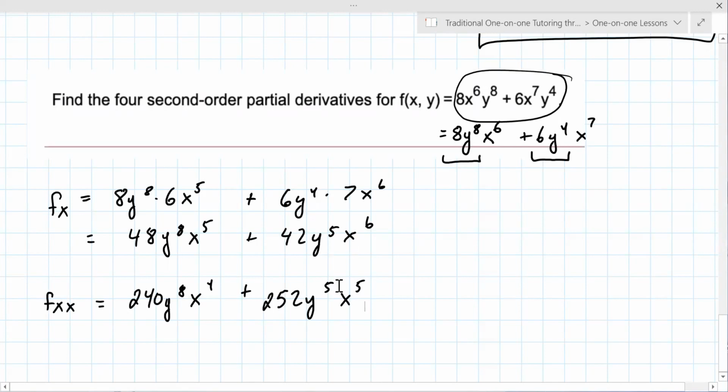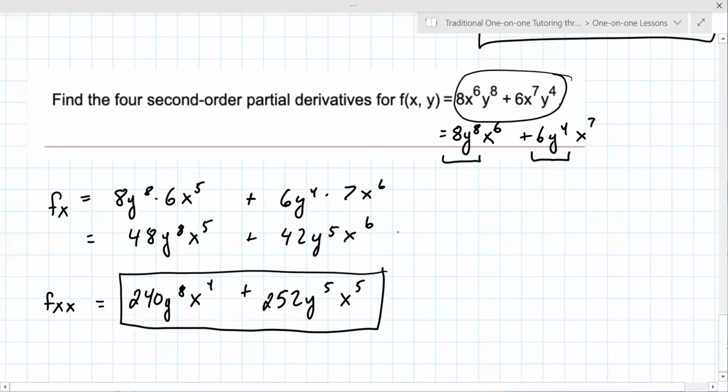I can also use a calculator to confirm. Oh yeah, that's just f of x x. The fx is the previous line, and then you do it again to get the next line down.